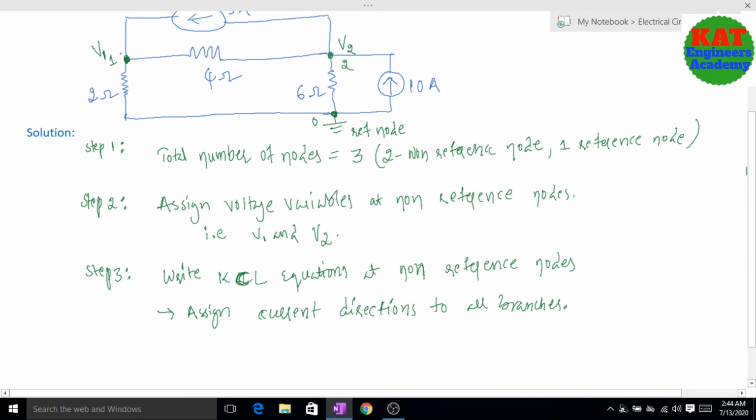So at the nodes we have to assign the current directions. Just listen friends, if any current directions are given, you have to consider those current directions. Otherwise you can follow all outgoing current directions. Here I consider the outgoing current direction as I1. Next I consider this one as I2, because at the first node three elements are interconnected.